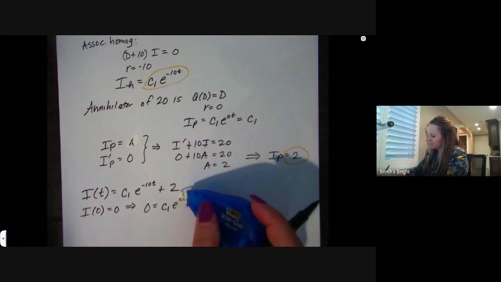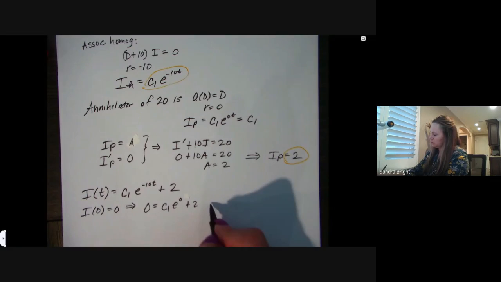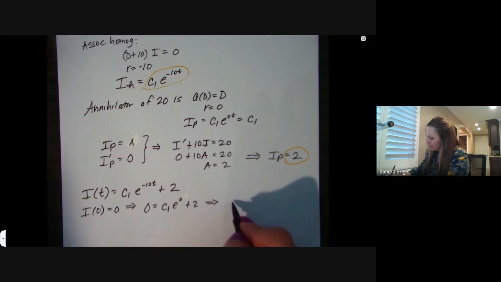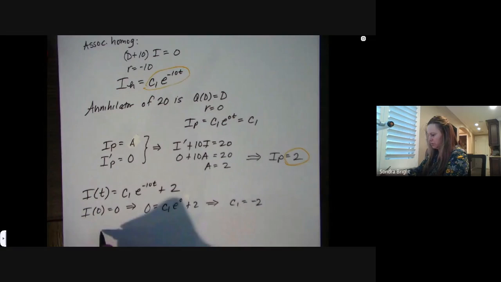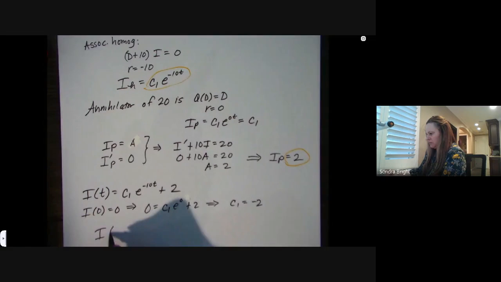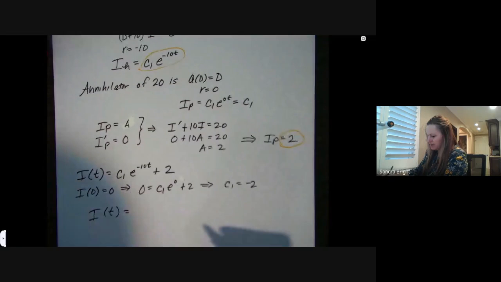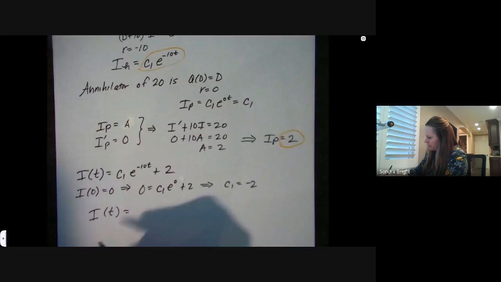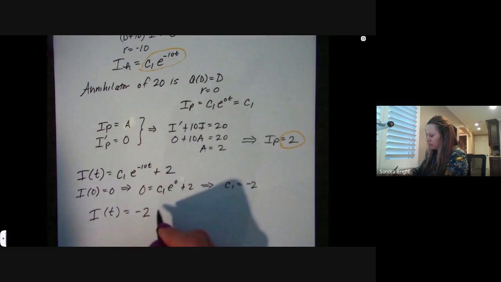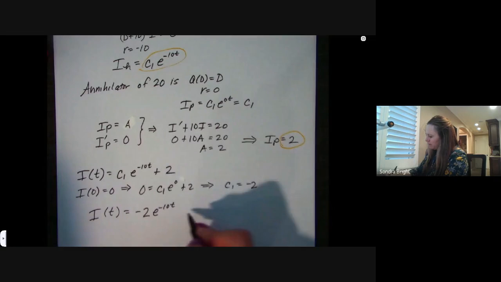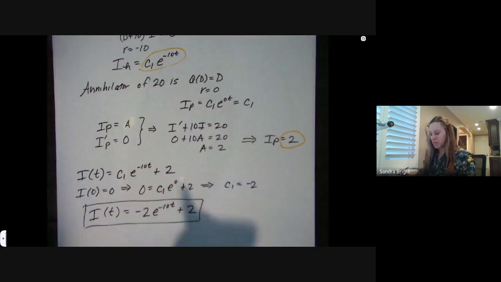And so that ends up giving you that C1 must equal, subtracting the 2, negative 2. And so we are now able to say, we can find that the current as a function of time is C1, which was negative 2, times e to the negative 10t, and then plus 2. There's our current as a function of time.